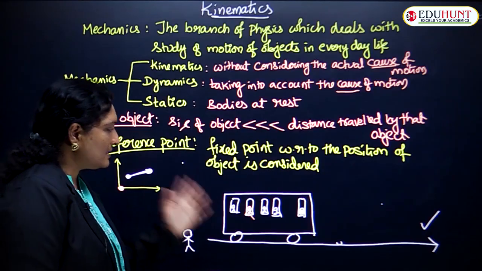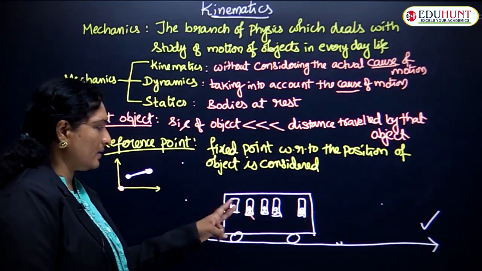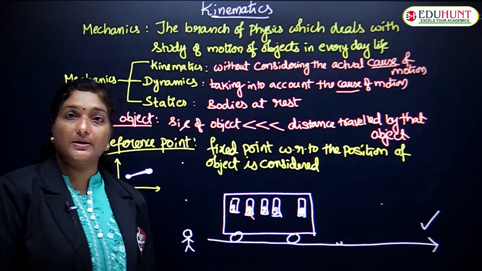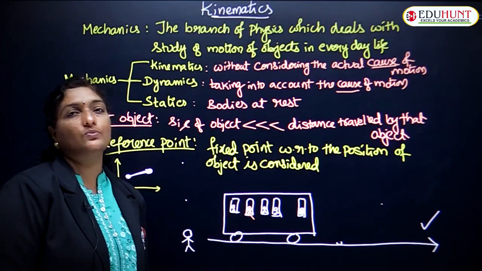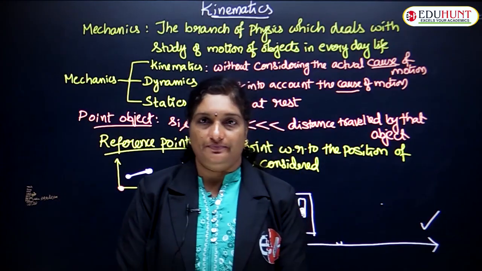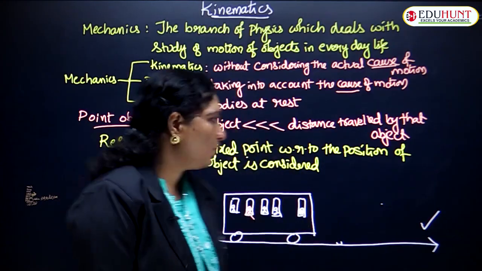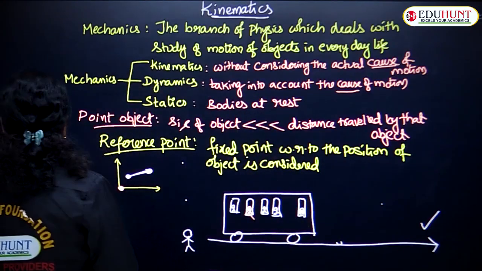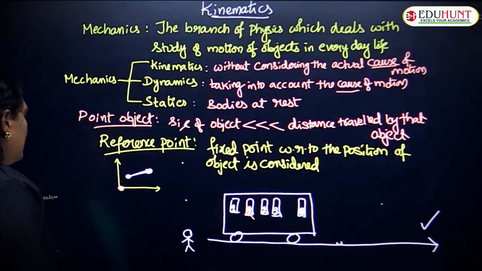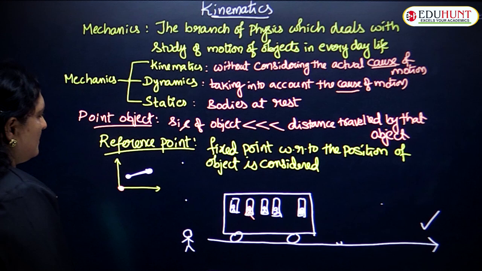So the same person in one case appears to be in rest condition, in the latter case appears to be in motion. Hence, we can conclude that rest and motion are relative. Okay, children? Well, next let us try to understand the concept of distance and time.